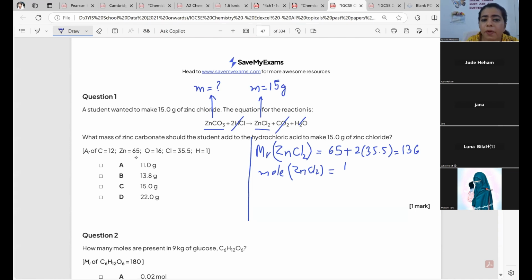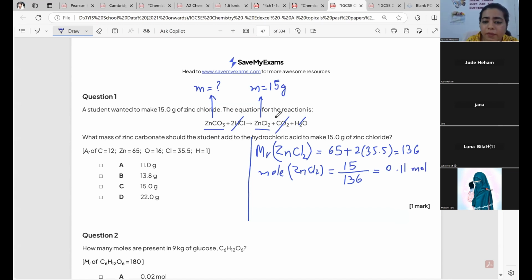Moles is mass over molar mass. So you are provided with 15 grams, 15 over 136. What is the answer? It's 0.110294. Okay, so 0.11 we can take.